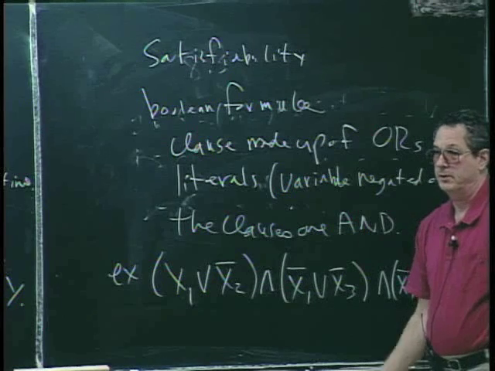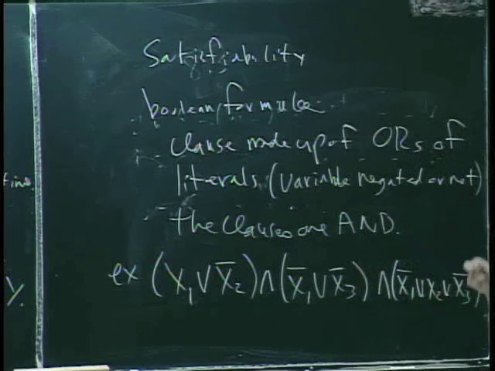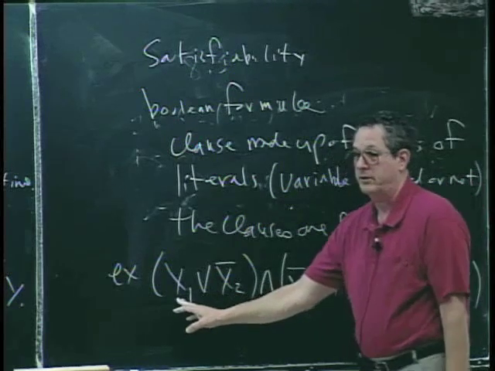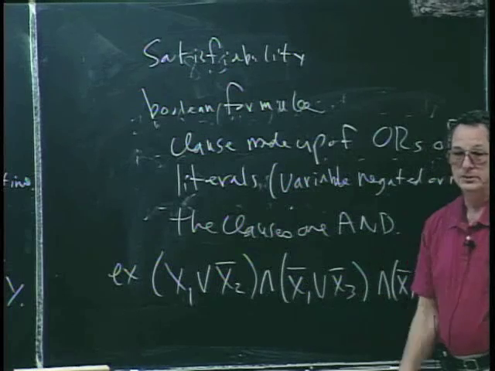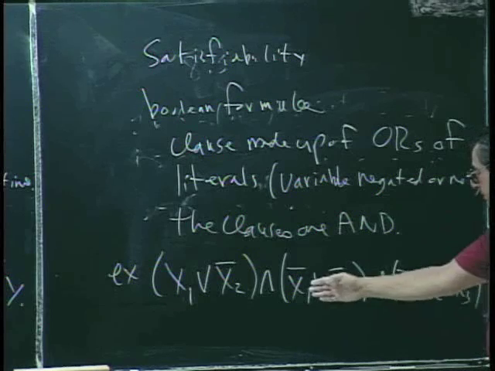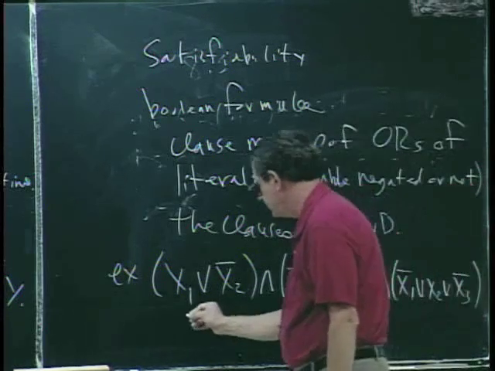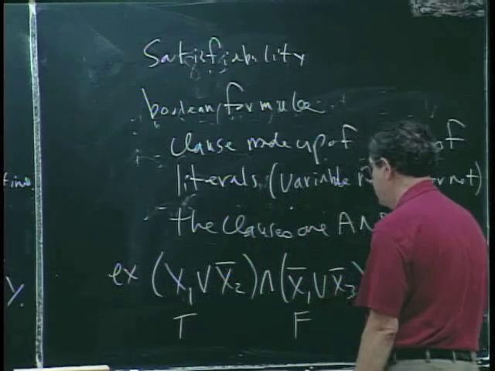Now, if you paid attention carefully, you'll notice that I said you assign truth values to variables, not to literals. Because when you assign a truth value to a variable, let's say you make x1 true, that automatically makes x1 bar false. So, can we make this formula true? Well, if I make x1 true, that makes x1 bar false.